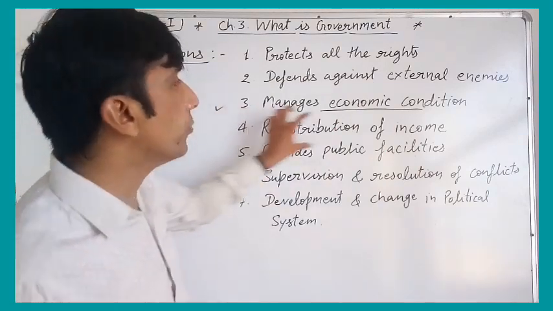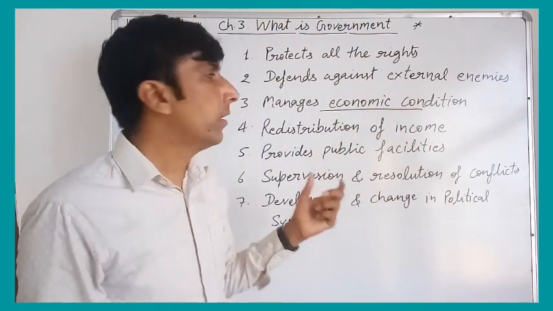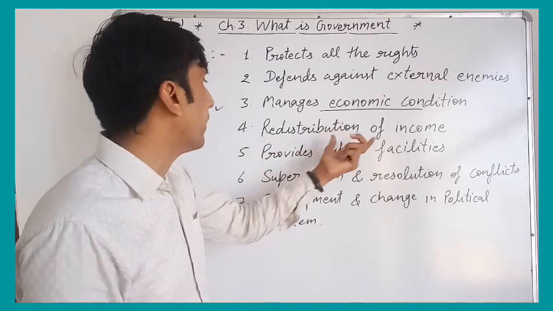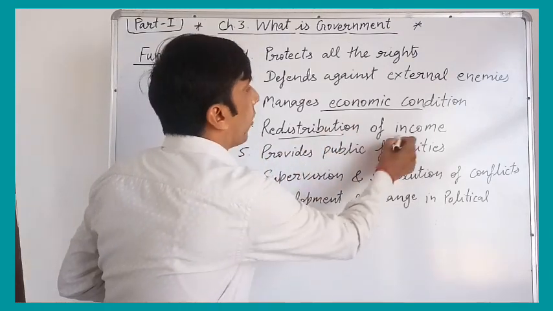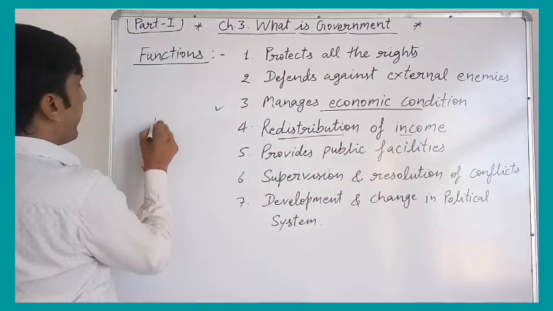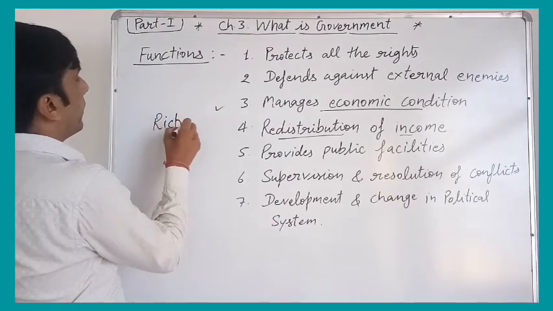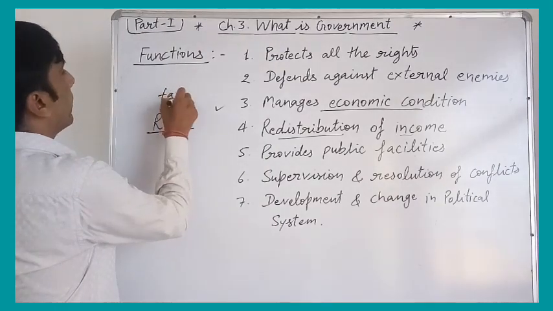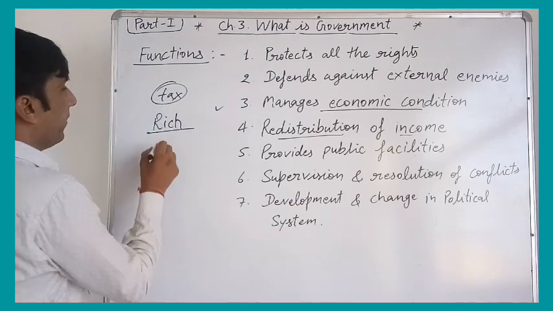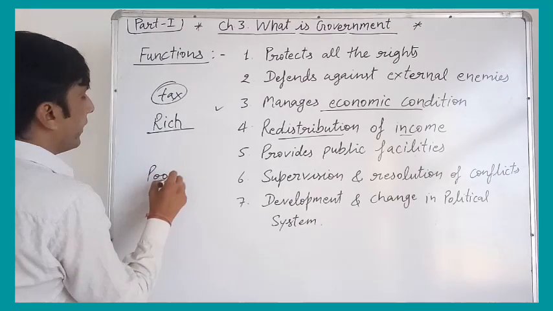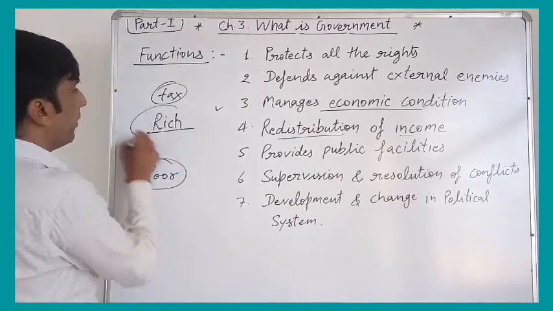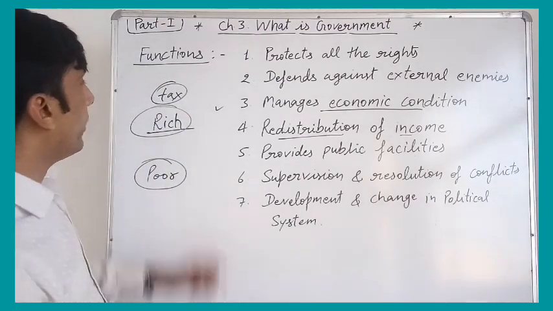Next one is redistribution of income. How does government do this work? Redistribution of income means government takes taxes from rich people, right? Because there is a very big difference between the rich and poor people, what does government do?